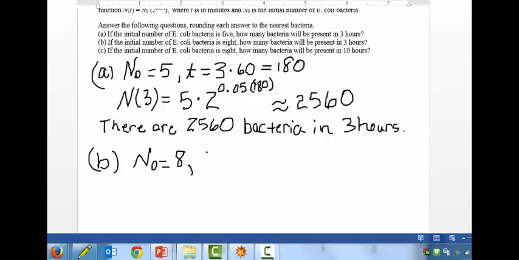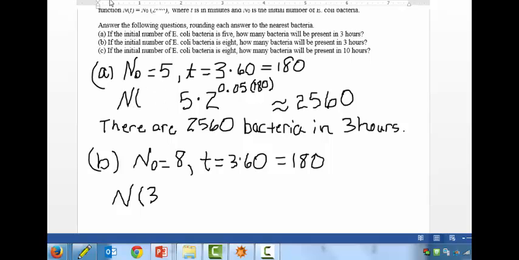So let's start with 8 bacteria, and let's see what happens in 3 hours. How many bacteria are present in 3 hours or 180 minutes? So in part A we were calculating n of 180, since the function is defined in terms of minutes.